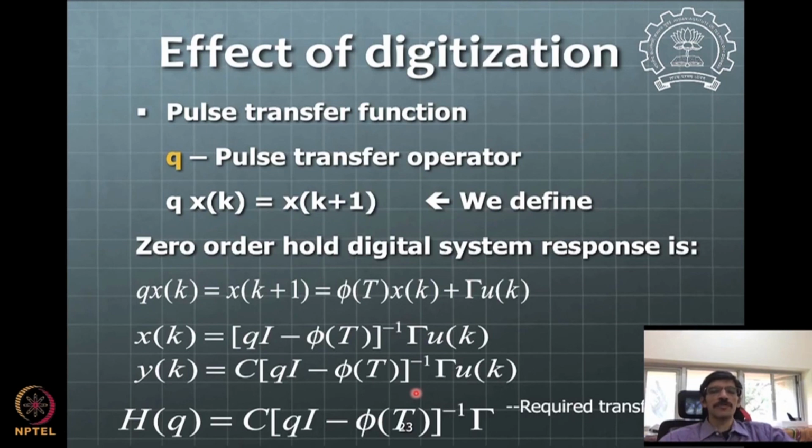So this is one of the ways one can see that the continuous domain system can be converted into a digital domain system. Okay, and the issue remains, how do we implement such a system? Last class we saw that a filter is nothing but some kind of a transfer function through which, when the input is passed, some output will be produced, which can be seen as a filtered output. Similarly, we have this digital domain transfer function.